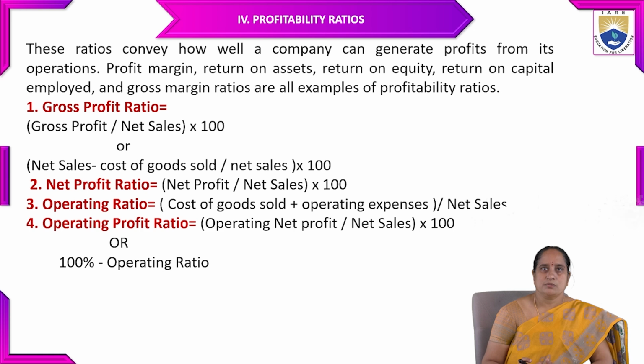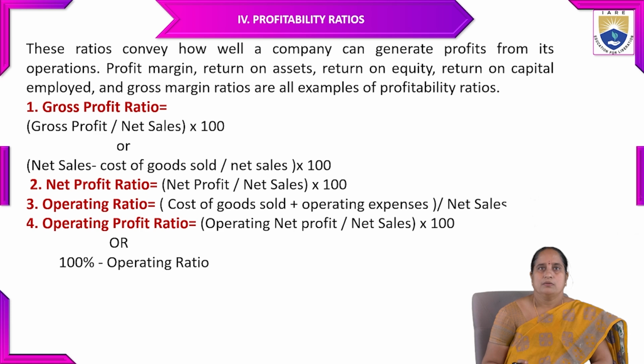So the formulas are given as follows: gross profit ratio is equal to gross profit divided by net sales into 100, or gross profit can be derived by using the formula net sales minus cost of goods sold divided by net sales into 100. And second one is net profit ratio, which is equal to net profit divided by net sales into 100.